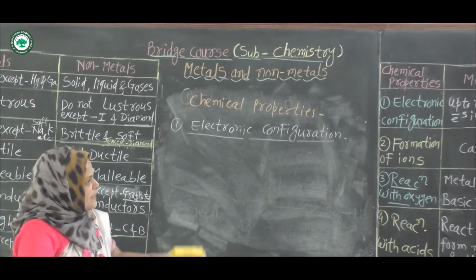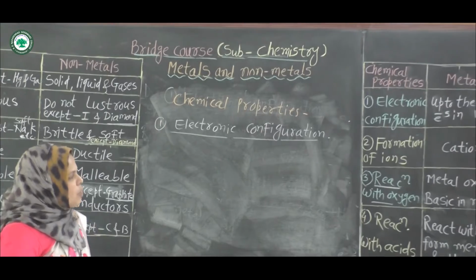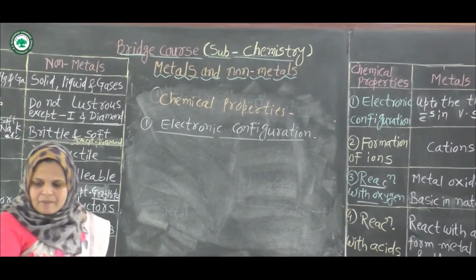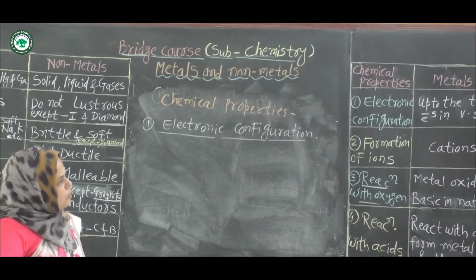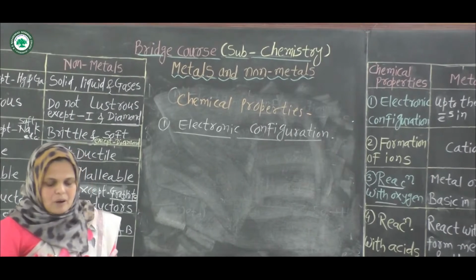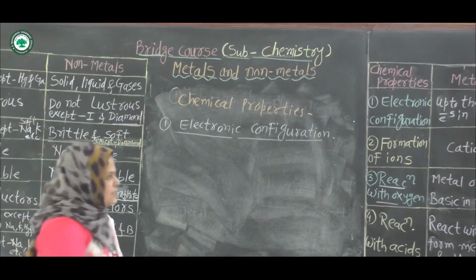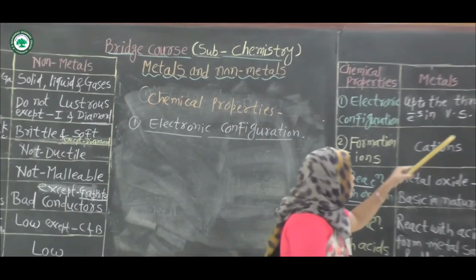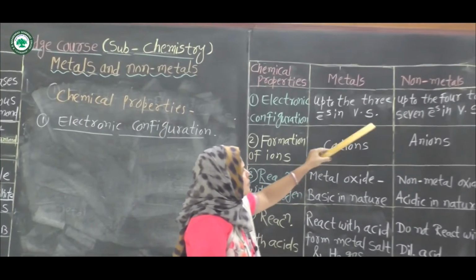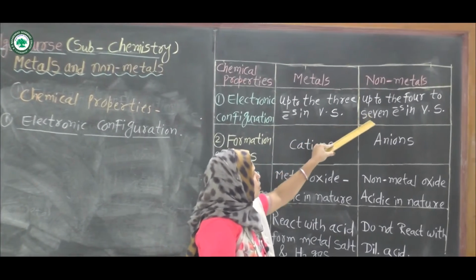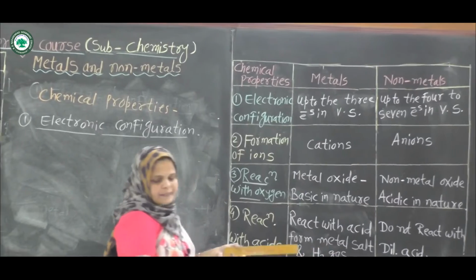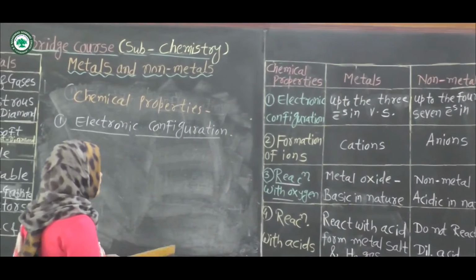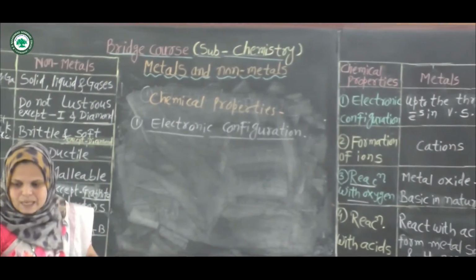In this we see that most of the non-metals have 4 to 7 electrons in the valence shell. Most of the non-metals have 4 to 7 electrons in their outermost shell. We see by example.